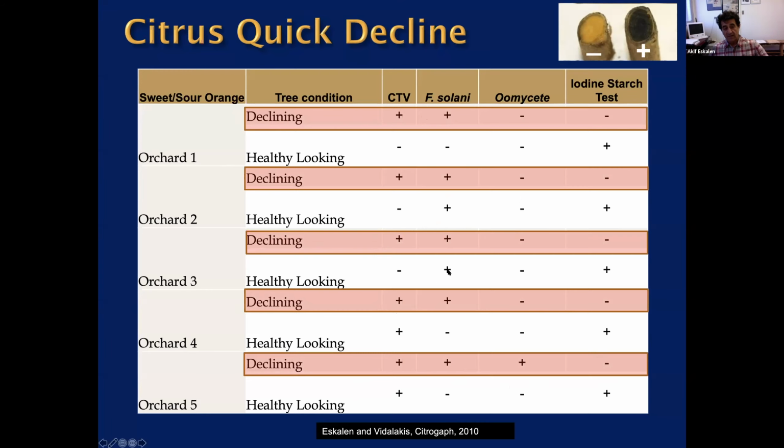Sometimes in some healthy looking plants, we also found Fusarium solani alone, but no declining. In some cases in healthy looking plants, we only found the citrus tristeza virus positive, but no solani, but the plants were looking healthy. So this shows that the combination of the CTV and also solani is the one that's showing the decline.